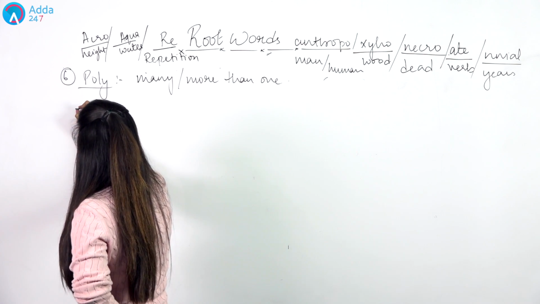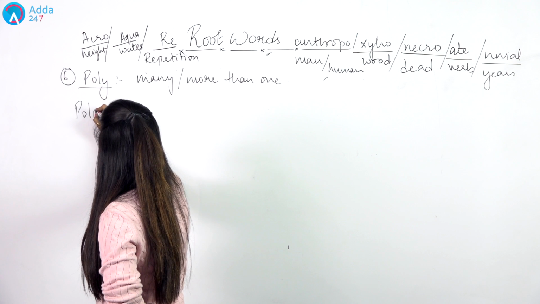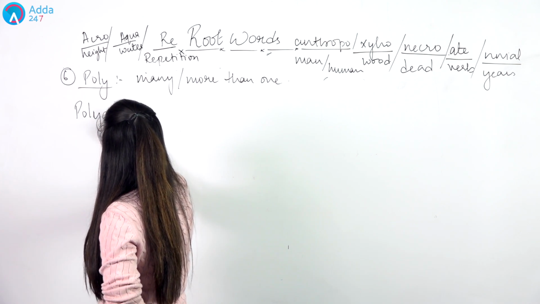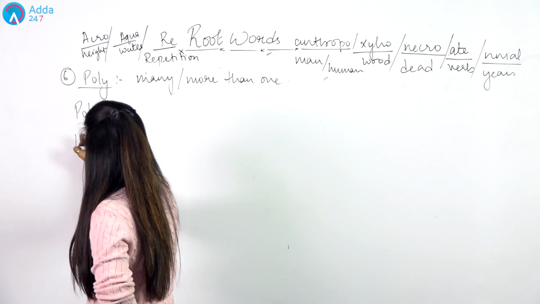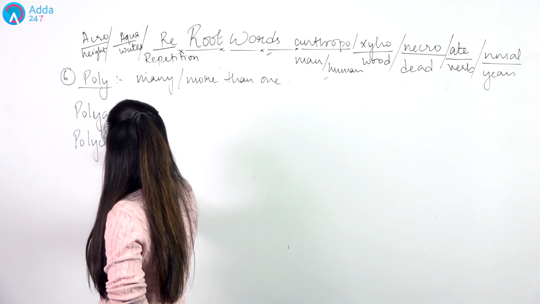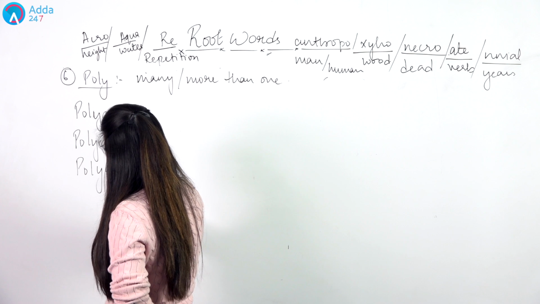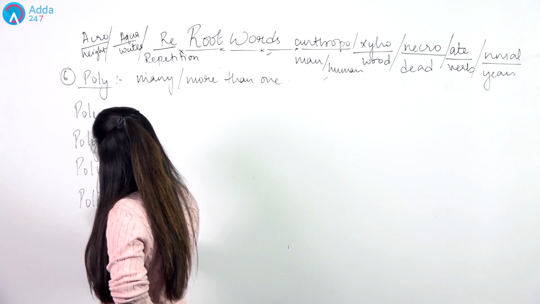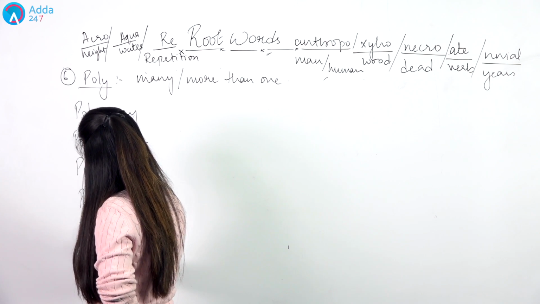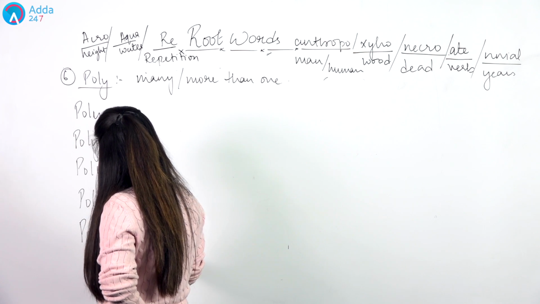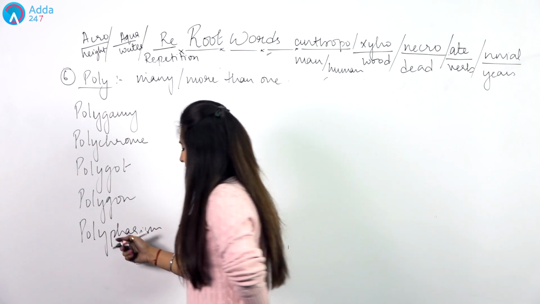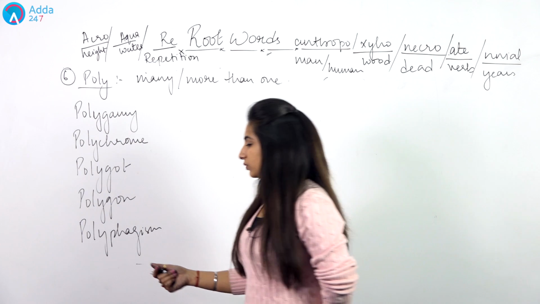For example, we have the word polygamy. We have polychrome, we have polyglot, we have polygon, we have polyphagism. Now see, phag, you have just read about the word phag, right?